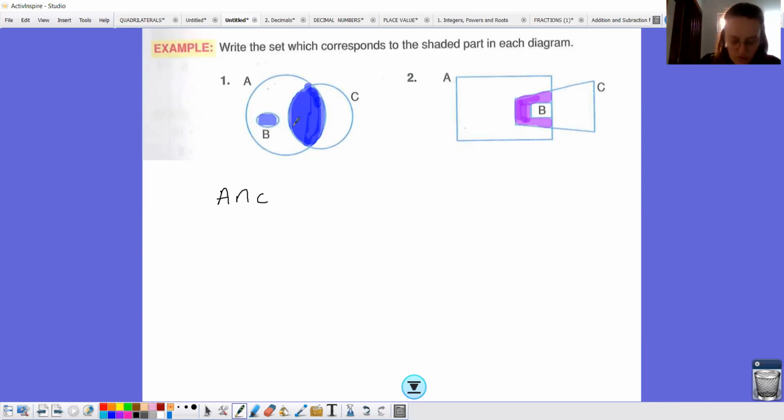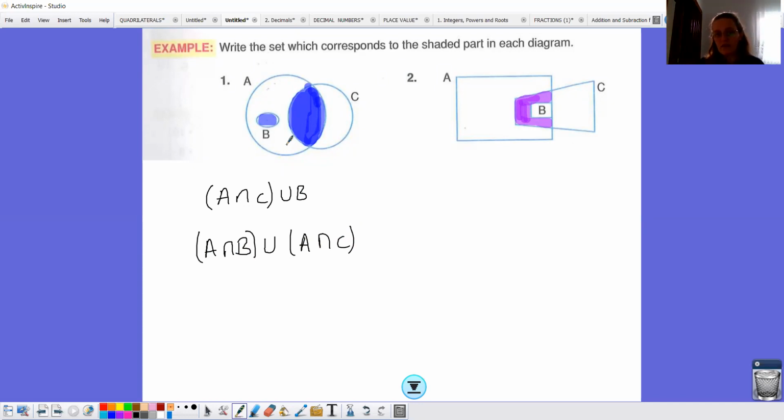And this set is all the B. And I can write A intersection C union B. Yes? Or you can also write A intersection B, because this part is A intersection B, union A intersection C, this part. Yes? Did you understand what we are looking for? It's given a figure and we need to write it as sets.